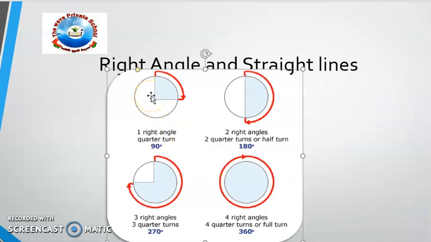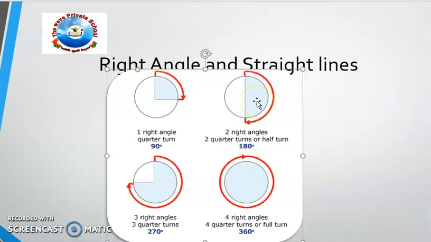Again, 1 quarter, 1 right angle, 90 degrees. 2 quarters, 2 right angles, 180 degrees. 3 quarters, 3 right angles, 270 degrees. 4 quarters, 4 right angles, 360 degrees.